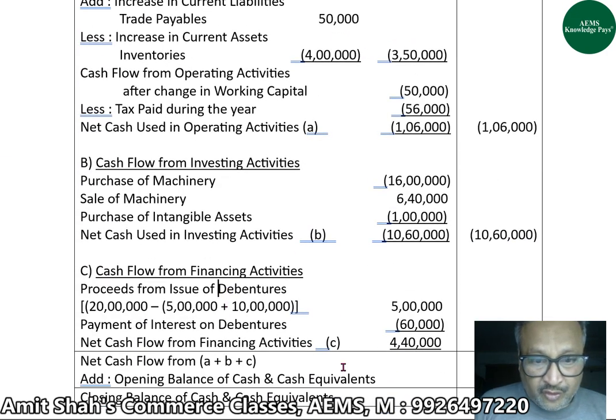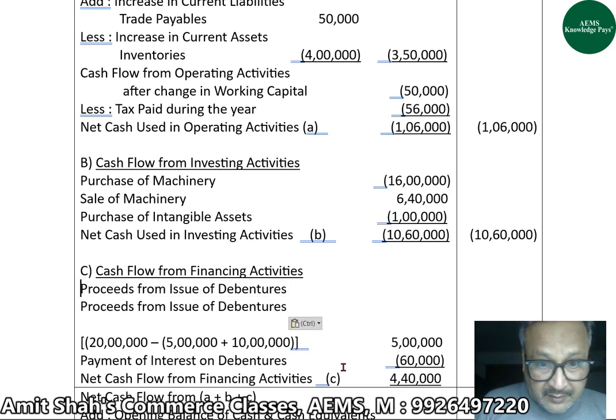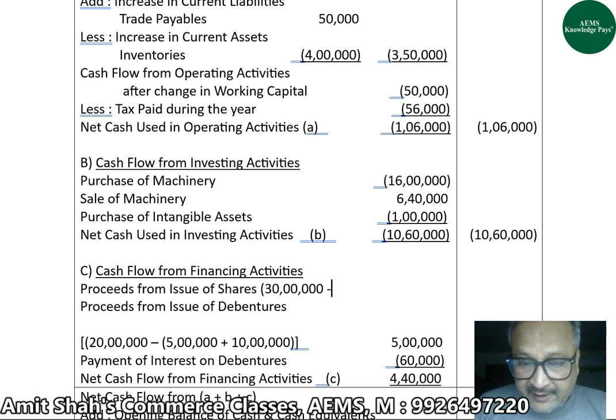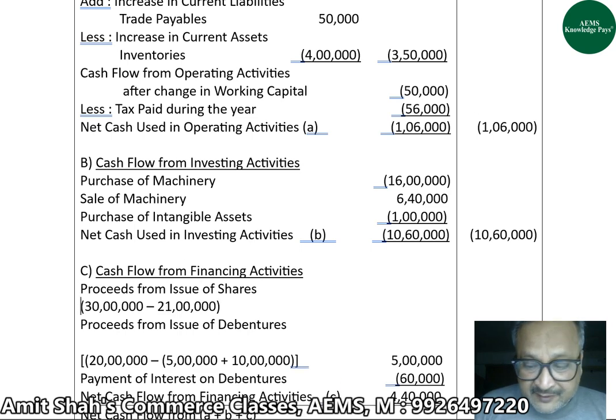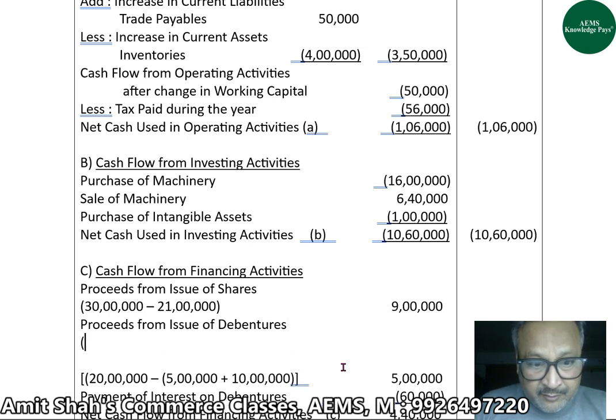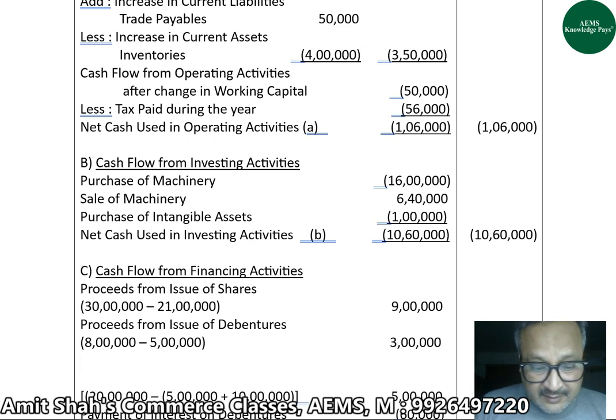So proceeds from issue of shares is 30 lakhs minus 21 lakhs. The closing balance is 30 lakhs, opening was 21 lakhs. So net proceeds is 9 lakhs. It's inflow of cash. And proceeds from issue of debentures is 8 lakhs minus 5 lakhs, that is closing minus opening balance of debentures, which is rupees 3 lakhs.